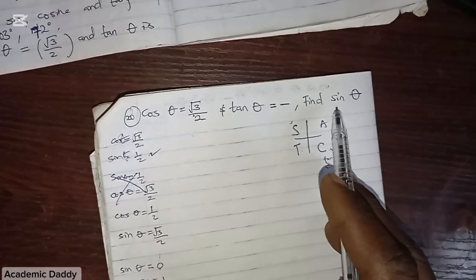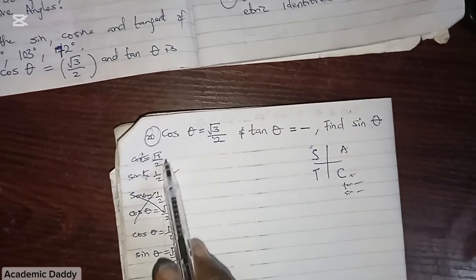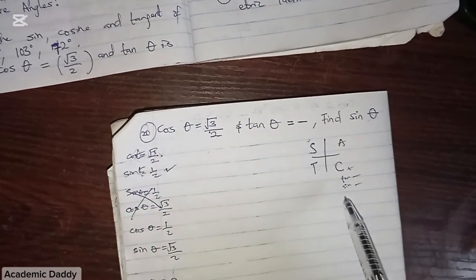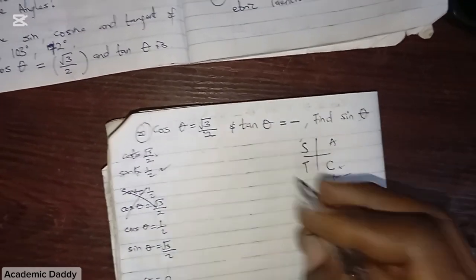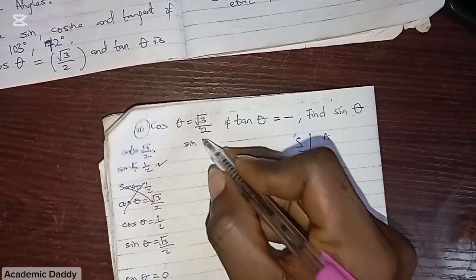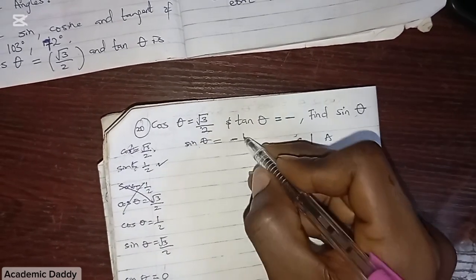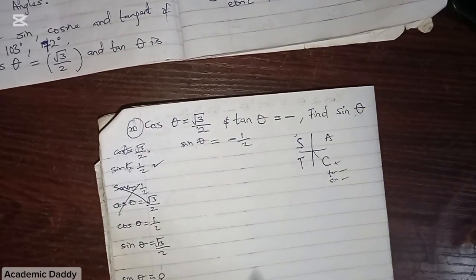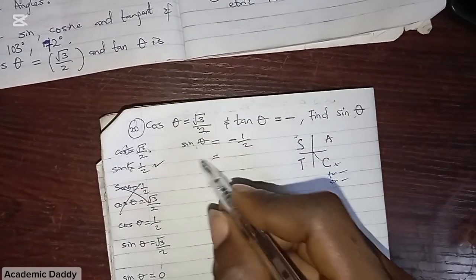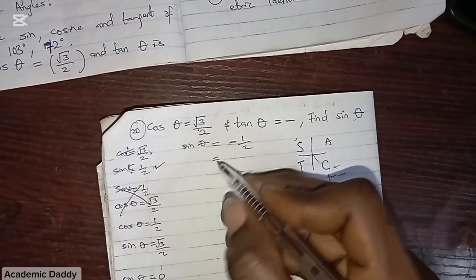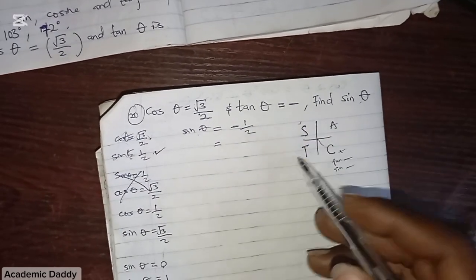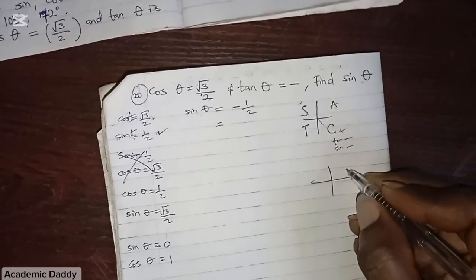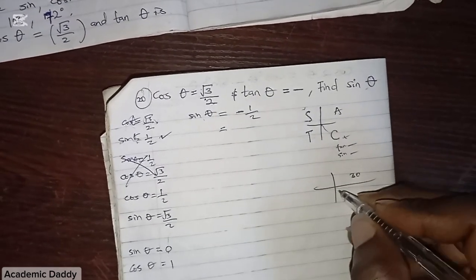This is where tan is negative, cos is positive, sine is negative. So if we are finding sin theta, since we know that anytime cos is root 3 over 2, sine is always going to be half, this means that sin theta is going to be equal to negative 1 over 2 in the fourth quadrant. In the first quadrant, sin 30 is half.